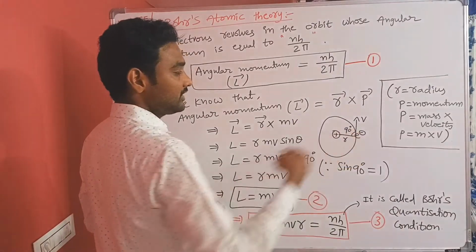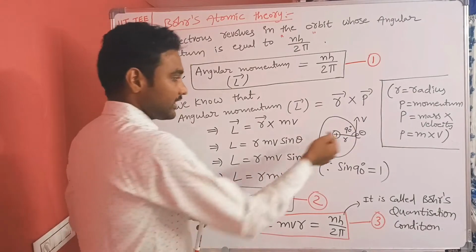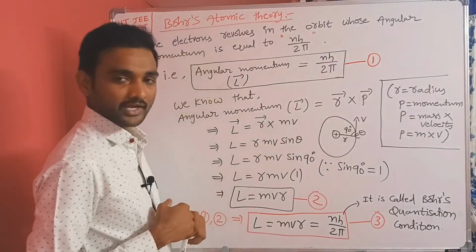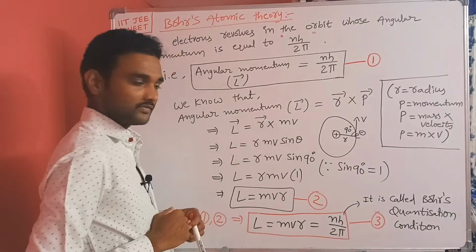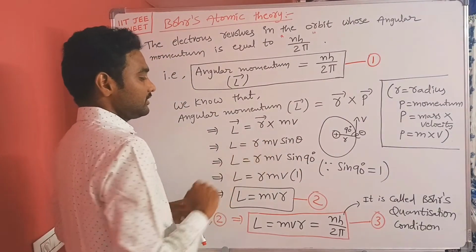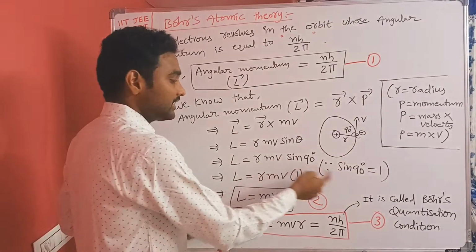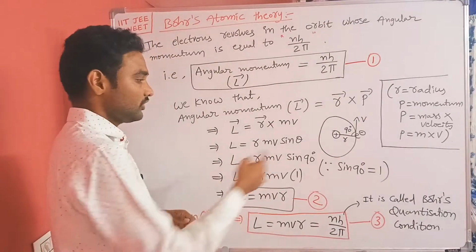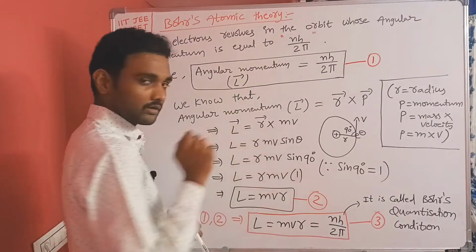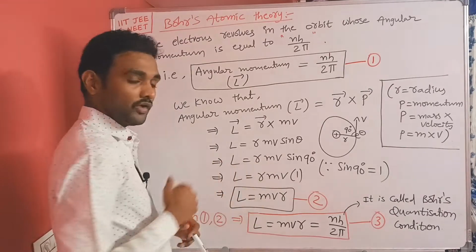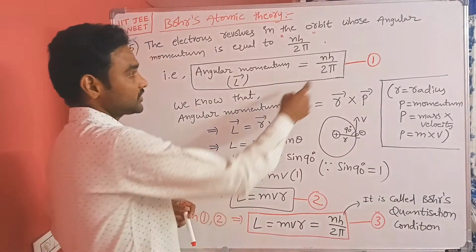This electron is revolving with a greater velocity v. Here the angle is 90 degrees, remember. Substituting 90 degrees, we get r mv sin 90 degrees. We know very well sin 90 is equal to 1. So L is equal to mvr. It means angular momentum is equal to mvr.